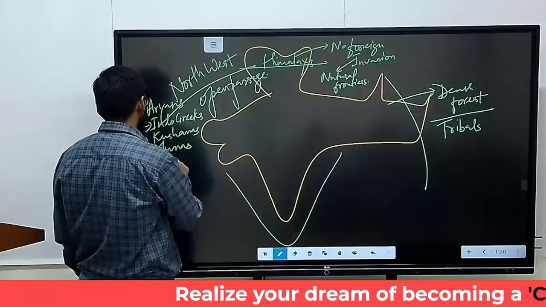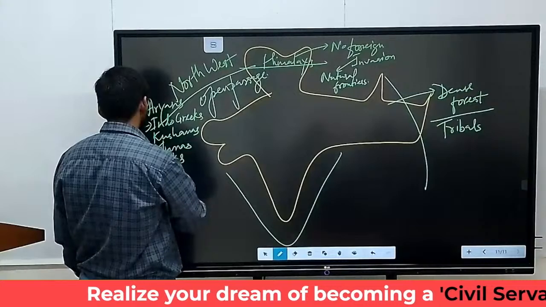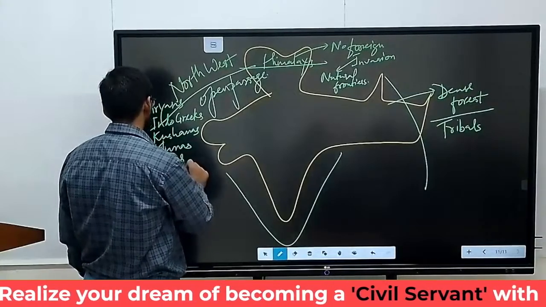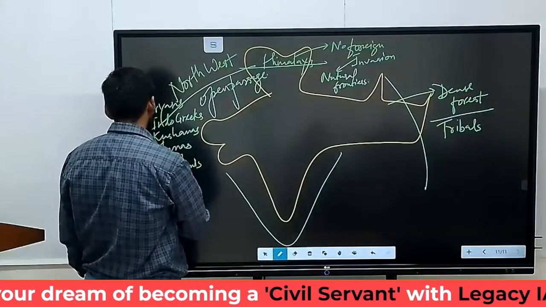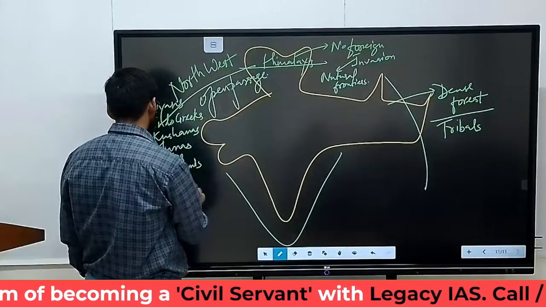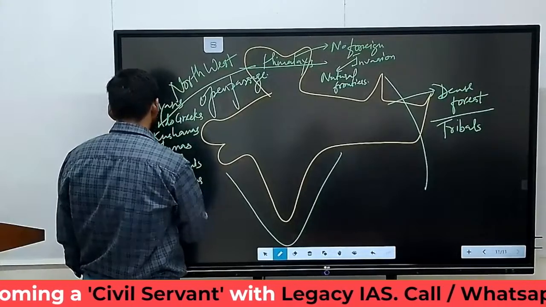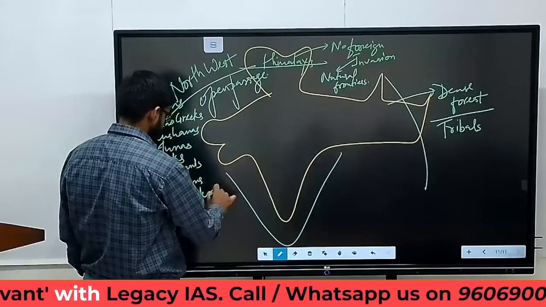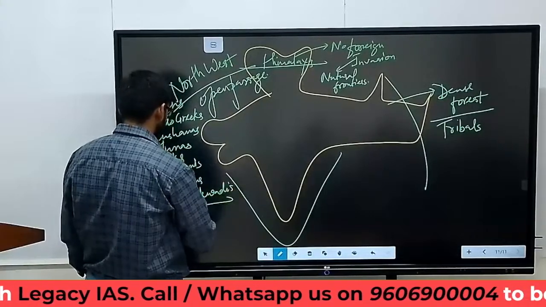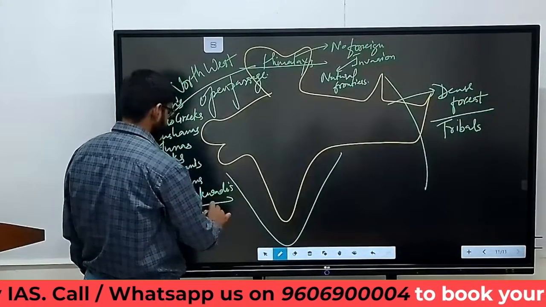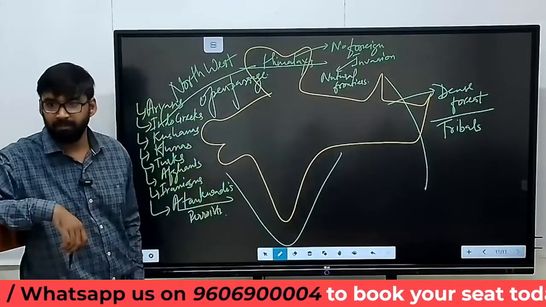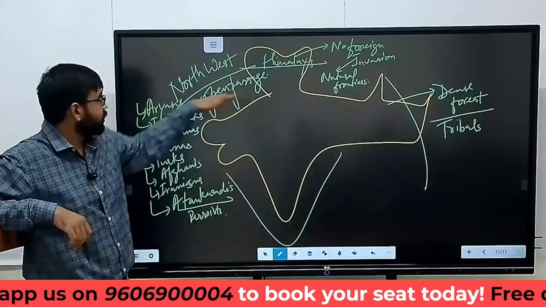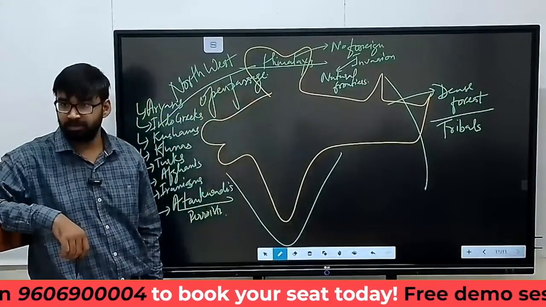Then Turks. Then Afghans. Iranians. And modern-day Atankwadis, that is terrorists, also come from this side. Getting my point? Because this is an open passage.